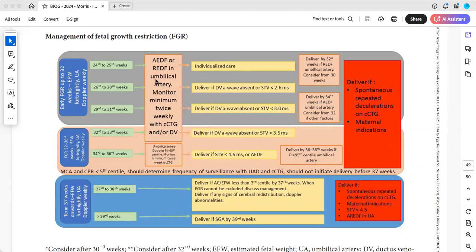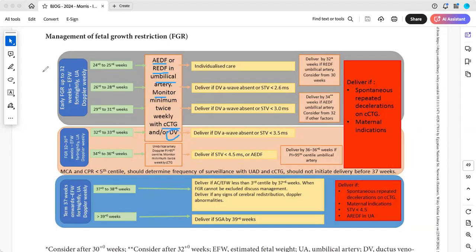If I have absent or reversed end-diastolic flow in the umbilical artery Doppler, because the umbilical artery Doppler is the one for the follow-up, I will monitor minimum twice a week with computerized CTG and or ductus venosus.